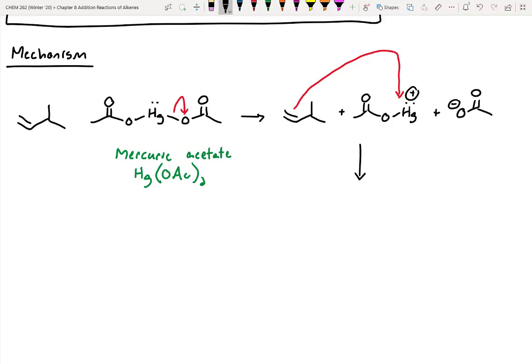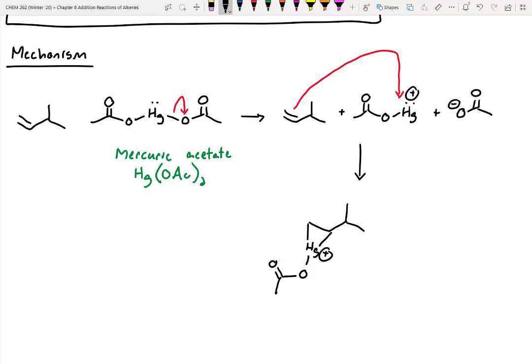What happens next is a little bit weird. We get this three-membered ring system that looks a heck of a lot like what we saw last lecture period, right?